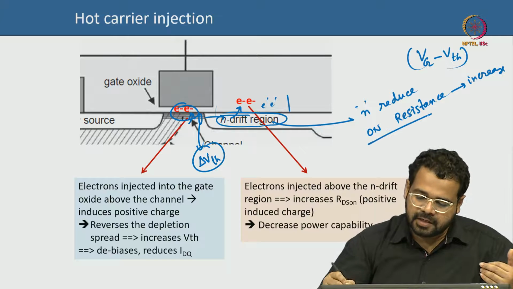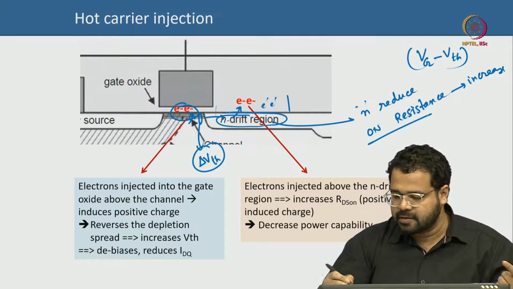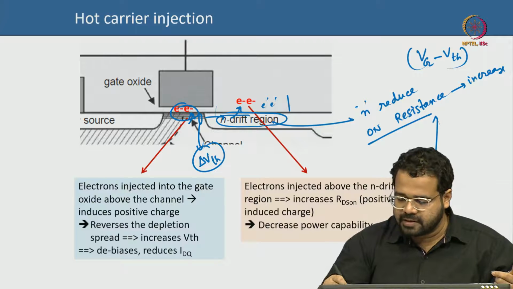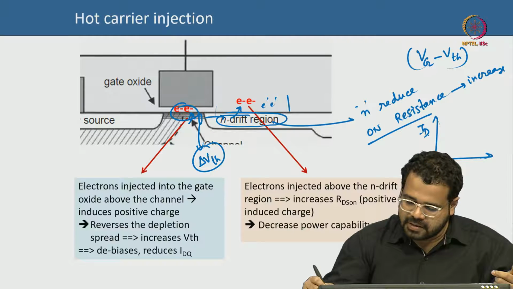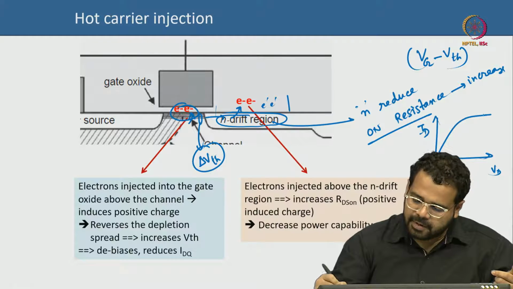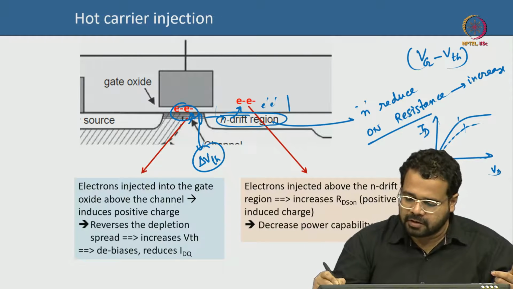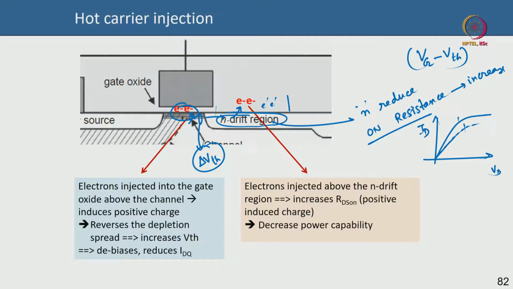And if your on resistance increases, then your current decreases. It's bad for your device. Essentially, what on resistance increase means is that if you have your ID-VD curve like that, after the on resistance increase it might look something like that. And that leads to a lower dynamic swing in the output voltage. So overall your power capability is reduced, your current is also reduced, current swing is also reduced, so you have reduced power capability.